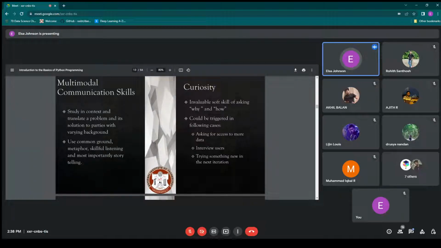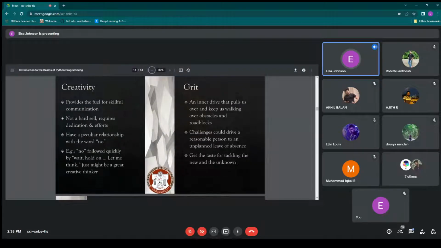Then you might be curious to interview some users or draw out a survey, and then you should try something new in the next iteration. This iteration part will all come next. Then creativity, that provides the fuel for skillful communication.